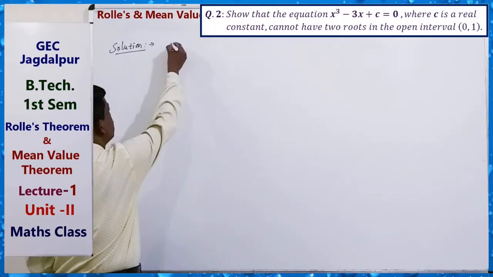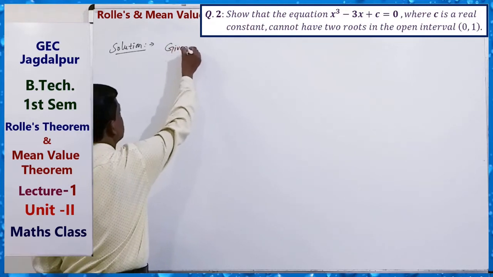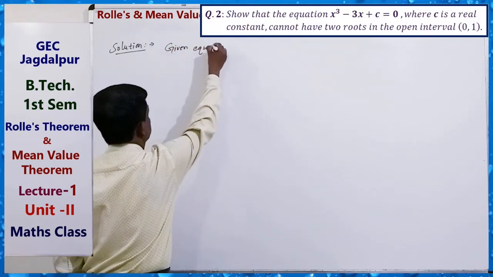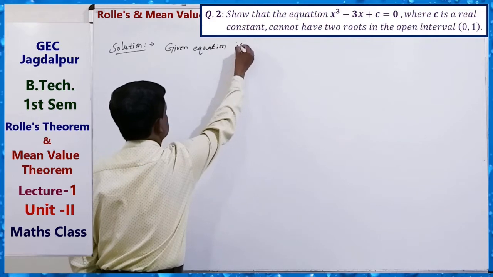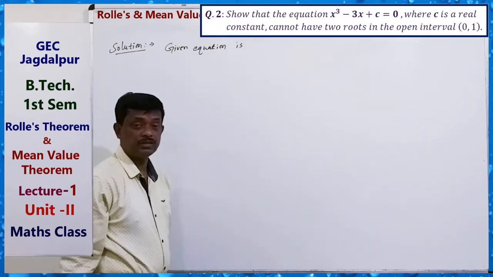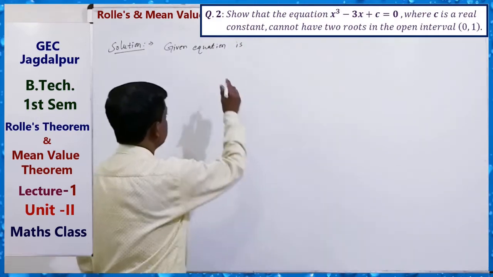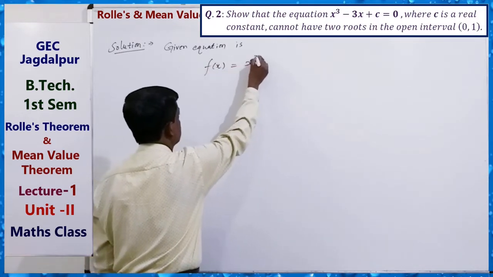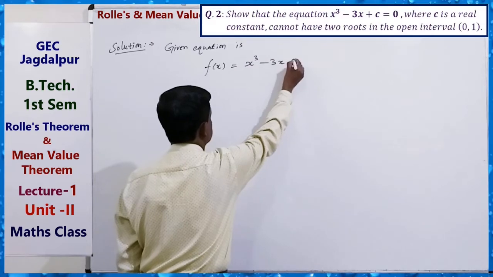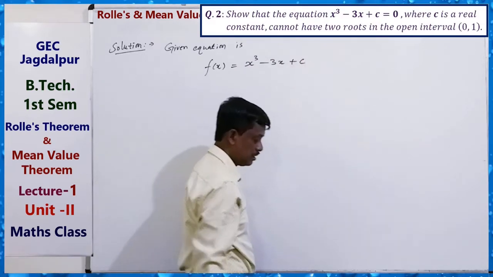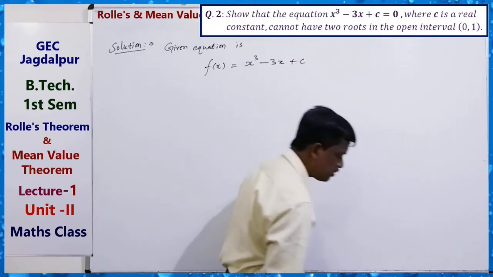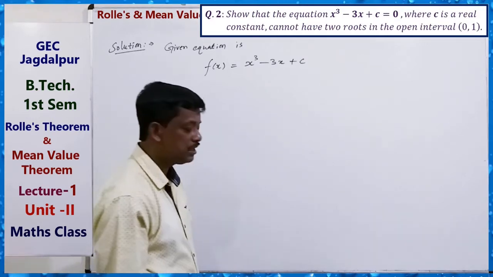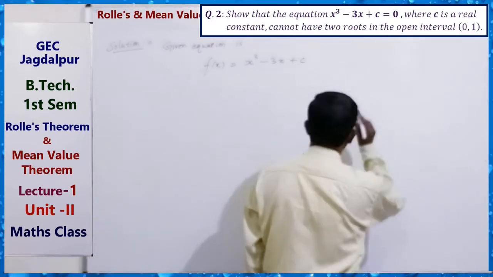See, the given equation here is what? f(x) equals to x cube minus 3x plus c. x cube minus 3x plus c equals to 0, where c is a real constant.